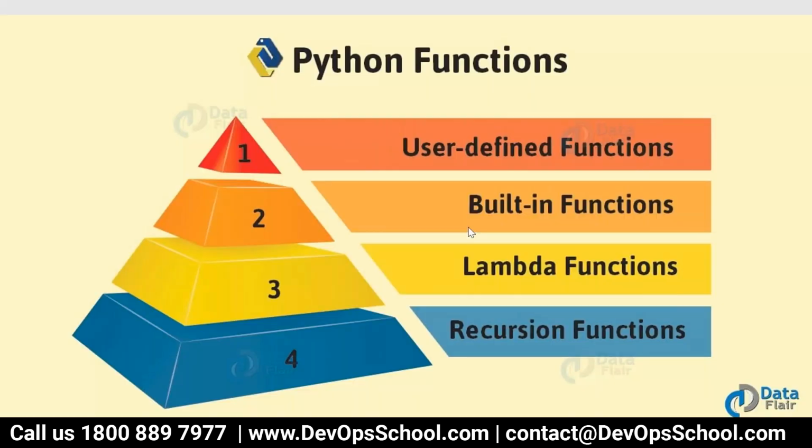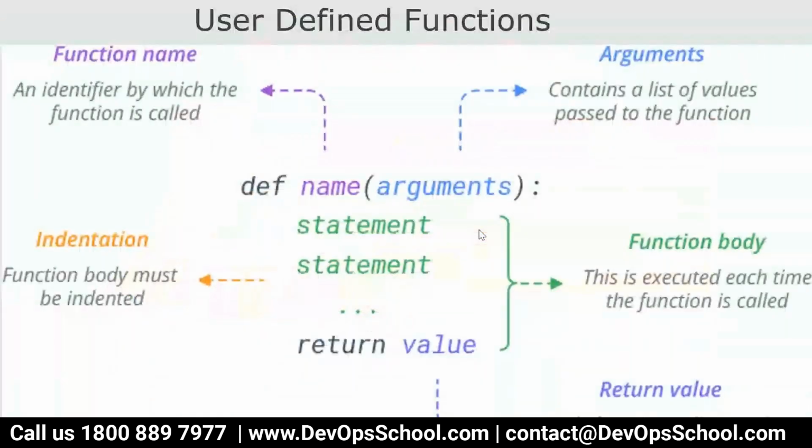So functions, here we have so many functions available in Python, types of function which you call. We have a user defined function which I'll show you. Built-in functions, many of these I told you. And I told you also dir, use dir, which will display the list of functions. Then we have lambda functions also, recursion functions also, and so on. So how do we define the custom function?